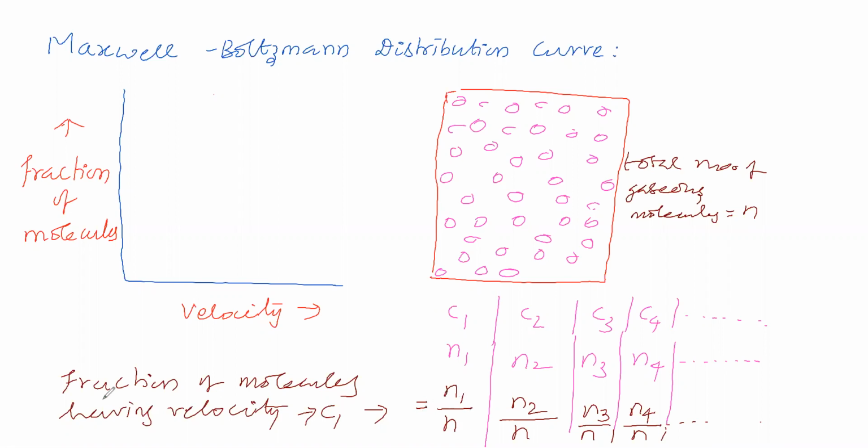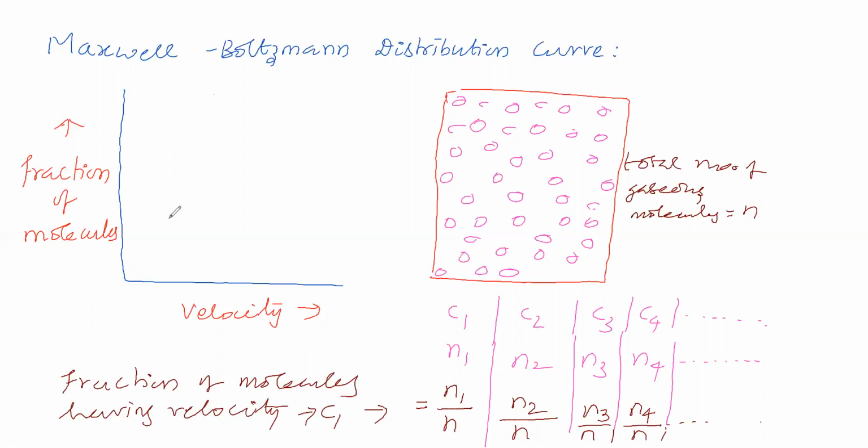So we can calculate the fraction of molecules for each velocity, that is, each velocity is possessed by what fraction of molecules. This graph gives fraction of molecules versus velocity. Using these values, we can draw the graph.